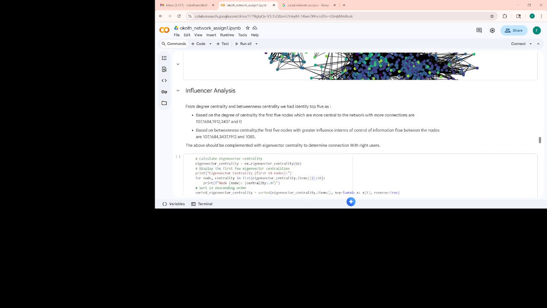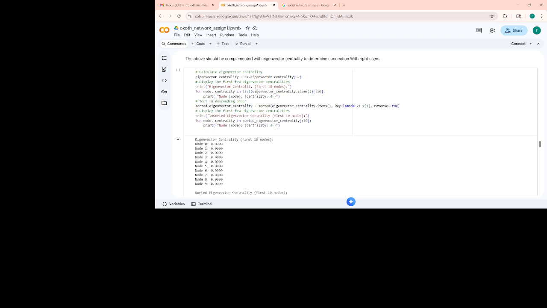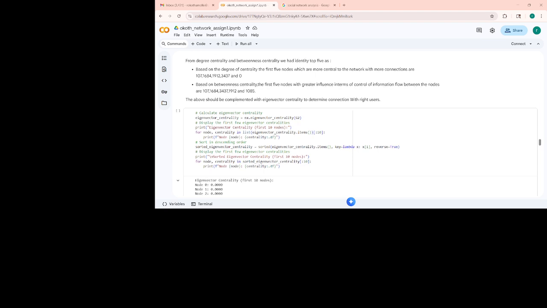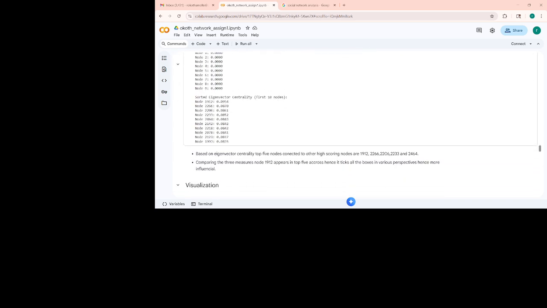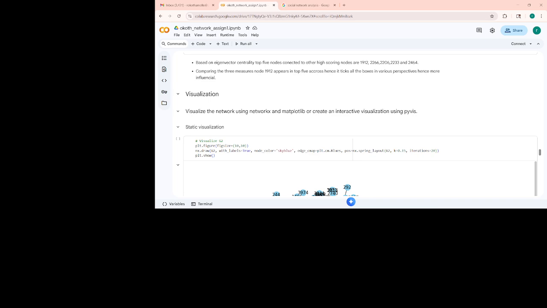And using the metrics, we were also able to determine the influencers, and we added another metric, eigenvector centrality, so that we were able to determine nodes which are connected to other high scoring nodes.